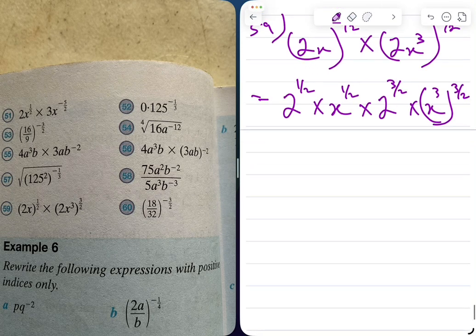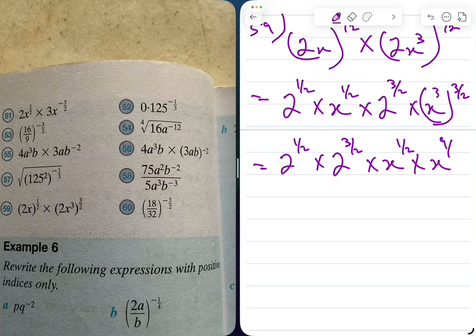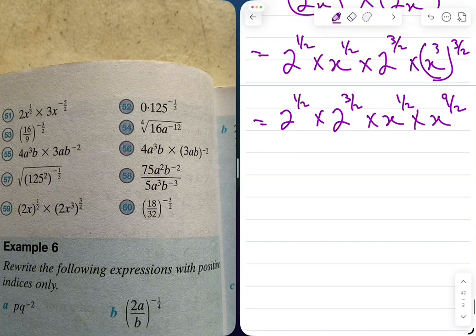Now this means 2 raised to the power 1 over 2 times 2 raised to the power 3 over 2, times x raised to the power 1 over 2 times x raised to the power 9 over 2. And that simply means 2 raised to the power 1 over 2 times 2 raised to the power 3 over 2 is the same as 2 raised to the power 1 over 2 plus 3 over 2.